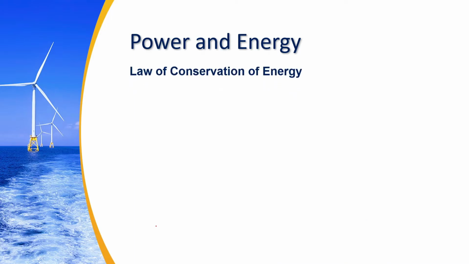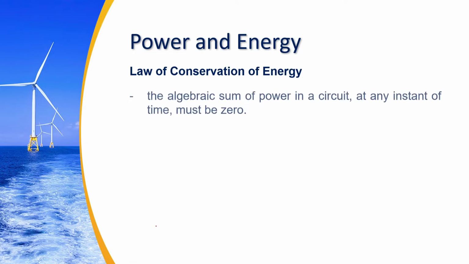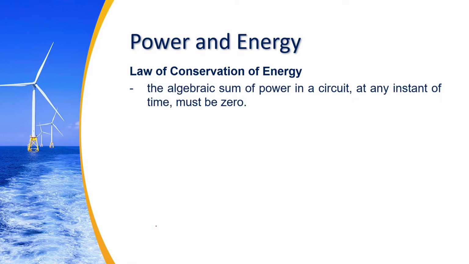That's what you call the law of conservation of energy. The algebraic sum of power in a circuit at any instant of time must be 0. Kaya kapag pinag-sum natin yung dalawang yon is equal siya sa 0.